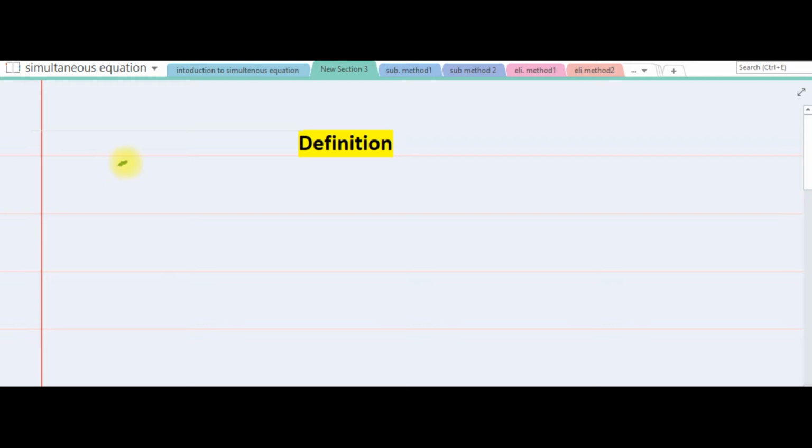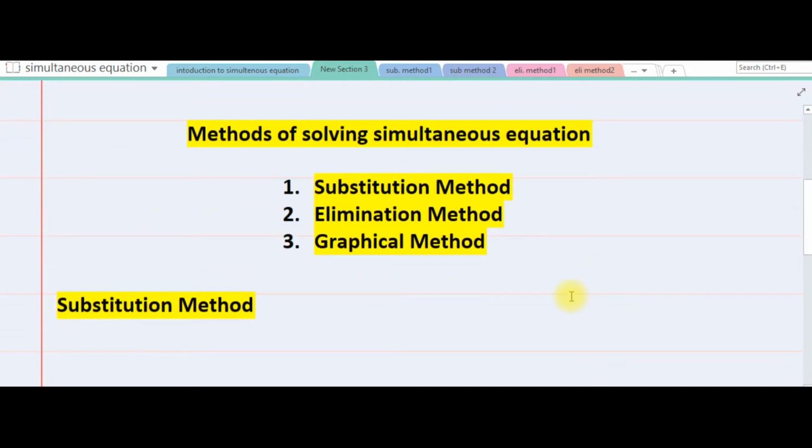Example, if you have x plus y equals something as one equation, and x minus y equals 1 as another equation, we can solve these two simultaneously. We have other methods, but the elementary methods are substitution, elimination, and graphical method.